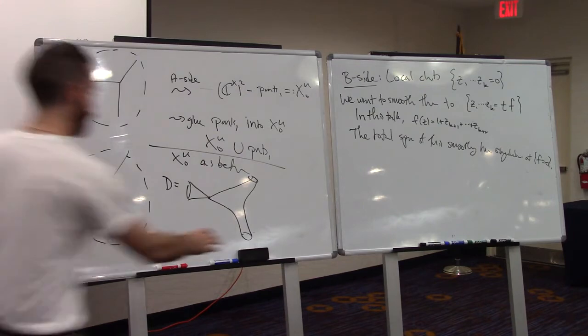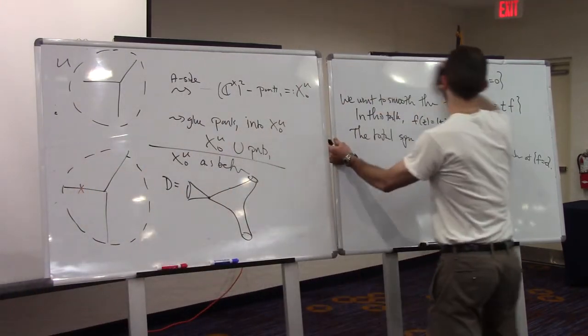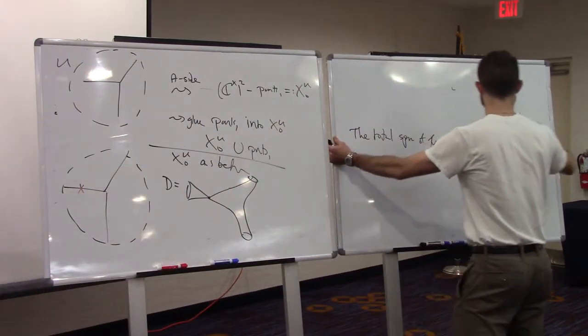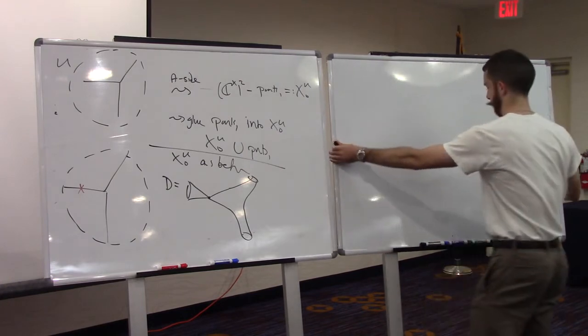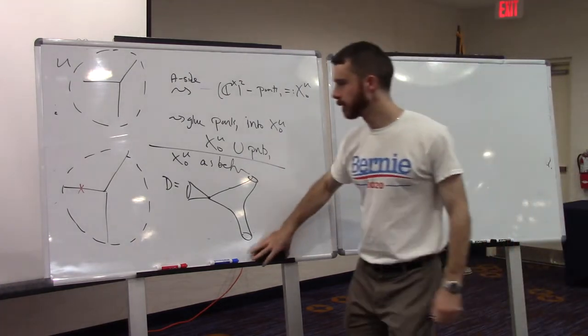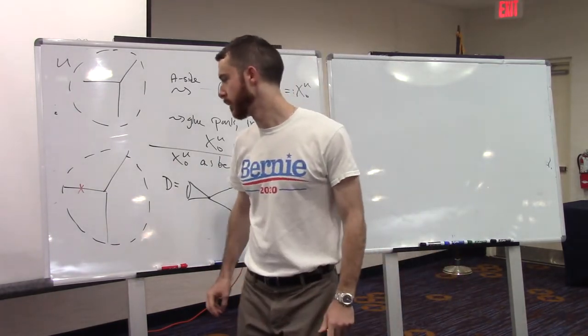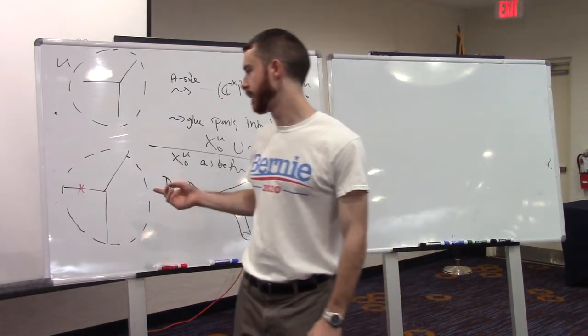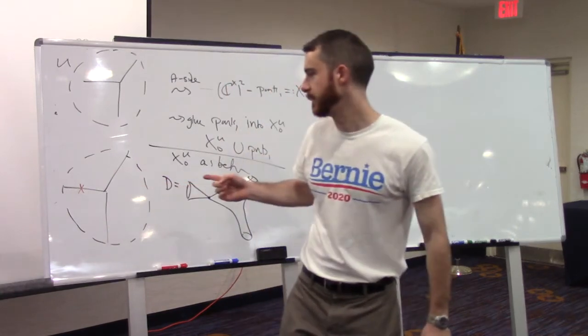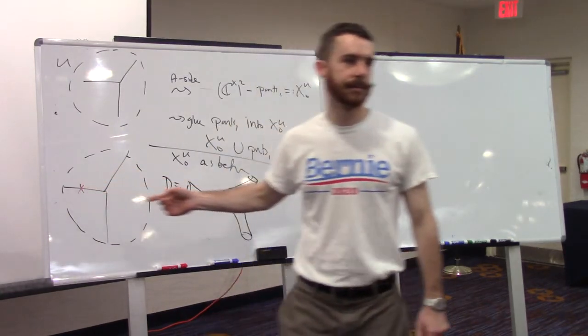So now I'd like to actually deform. Can't you have singularities in the interior of the polygons? No, I want my discriminant locus to be like this.